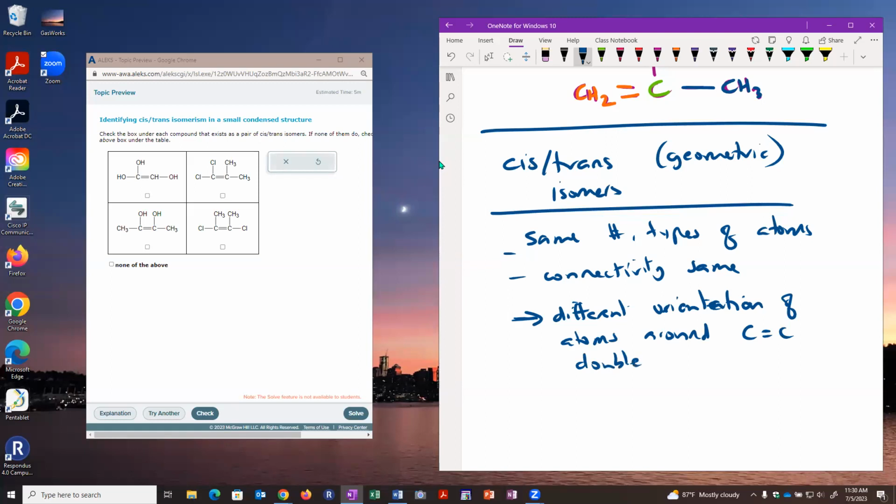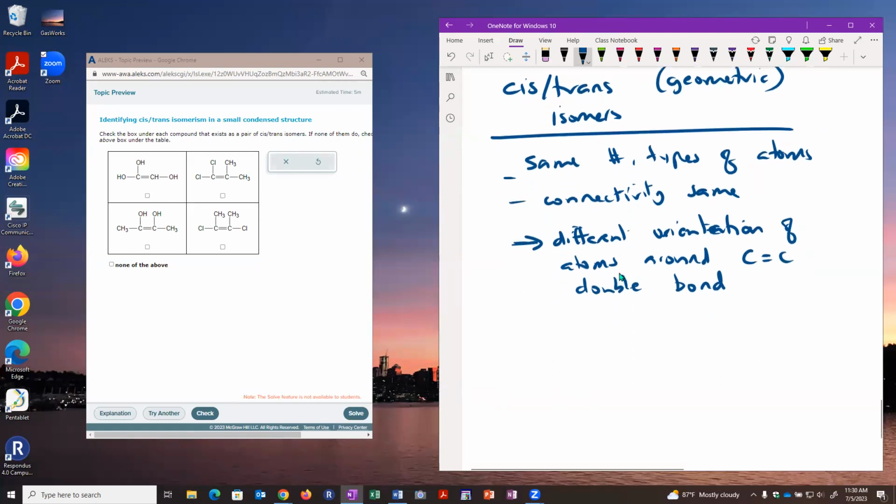And the reason is the carbon-carbon double bond does not rotate. It's not free to rotate like a single bond. So those atoms where they happen to be are locked in place. So how do we identify whether something can exist as a cis-trans isomer to begin with? Well, we want to establish, first of all, that there is a carbon-carbon double bond.